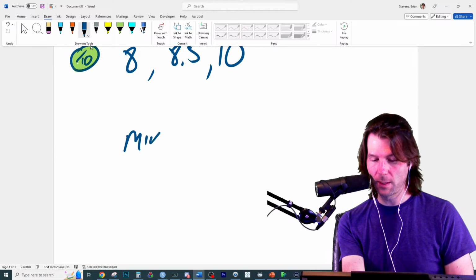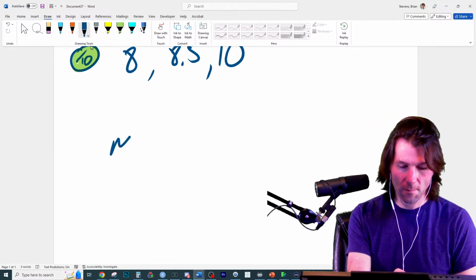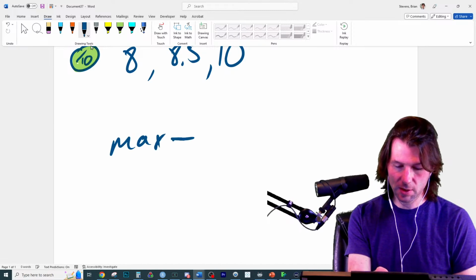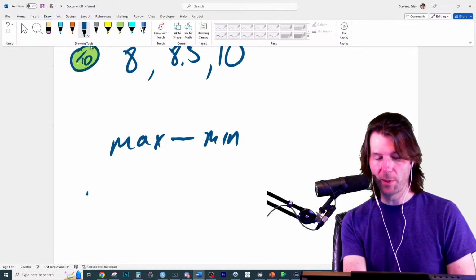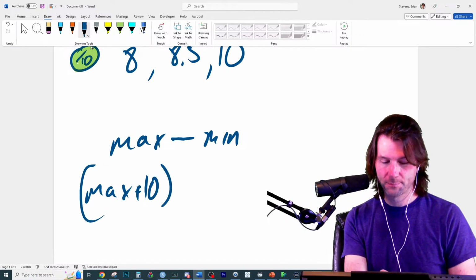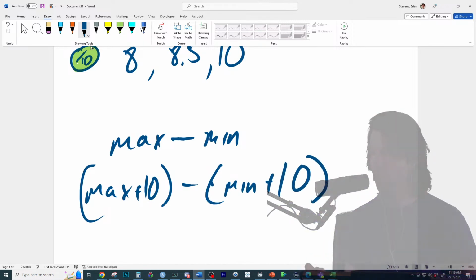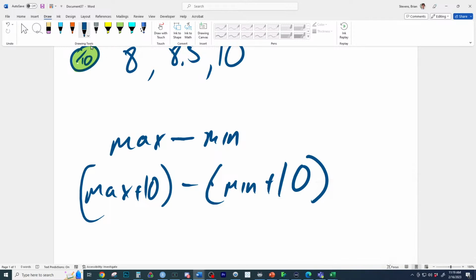It'd be max minus min, and then if we have max plus 10 minus min plus 10, does that make more sense, Jesse? If you add 10 to both of them, you're just subtracting off these 10s from each other, and it's still just the two values.